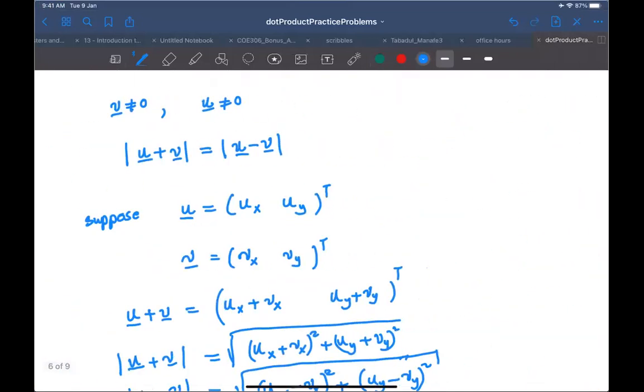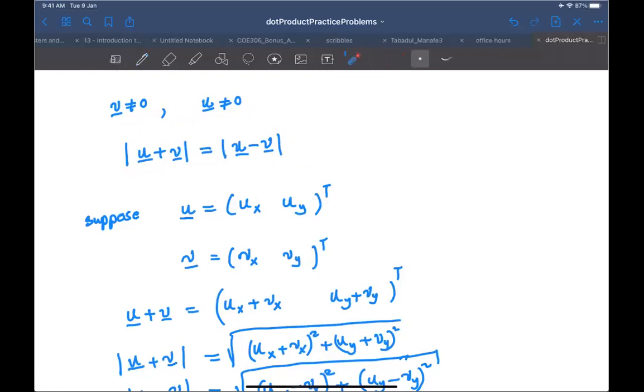I have derived this ahead of time to save time during the video. Okay, so we are given that V does not equal 0 and U does not equal 0, and we want to know under what condition this is going to hold true.